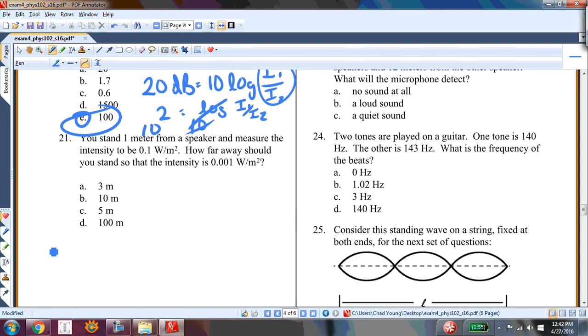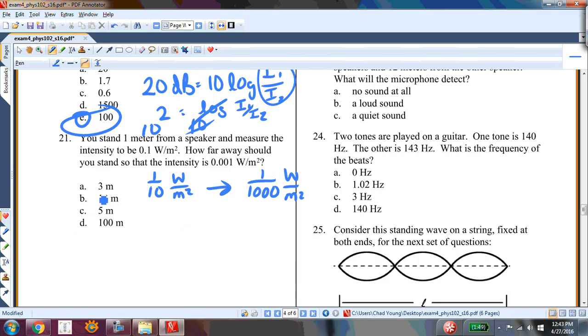I stand 1 meter from a speaker and I find that it's 0.1 watts per square meter. How far do I have to go so that I have tenths, hundredths, thousandths? So I go from 1/10 of a watt per square meter to 1/1000th watts per square meter. That means I've decreased it by a factor of 100.